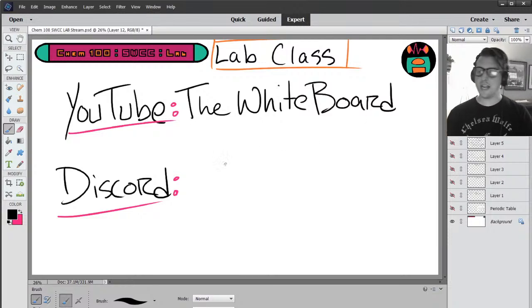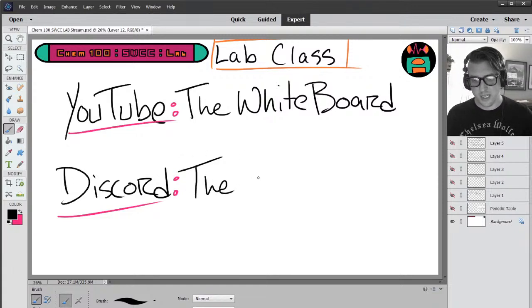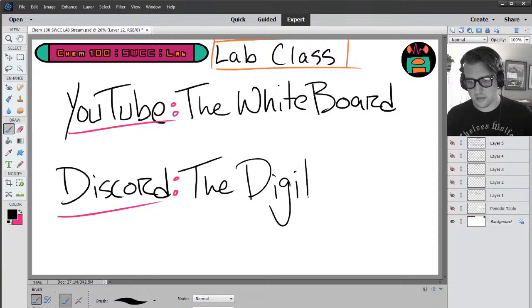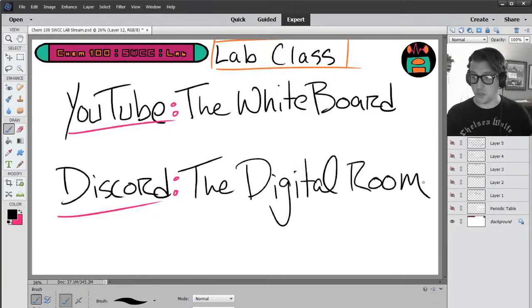Discord is kind of like, if this were in person, the analogy is that Discord is the actual lab space. This is the digital room, so to speak.